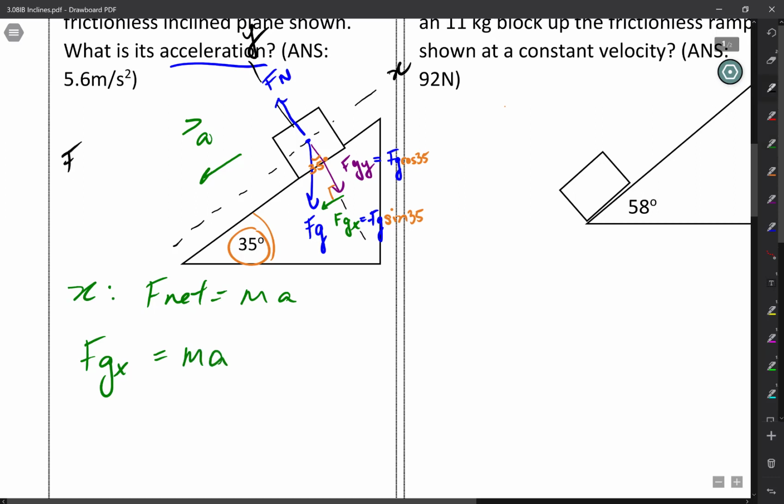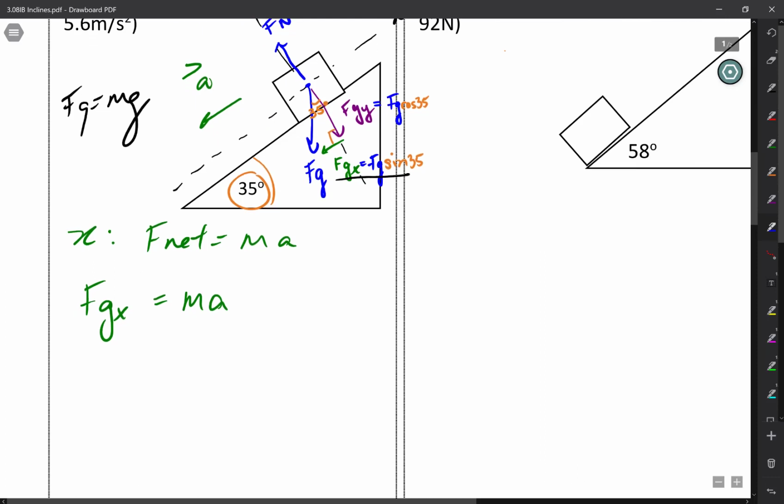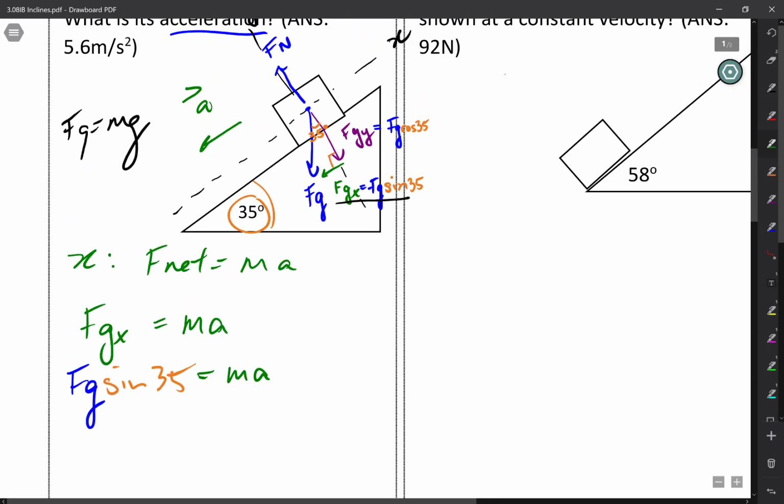We also know that Fg is equal to mg. So therefore, what we're going to do is, first of all, we know that FGX is equal to Fg sine 35. So let's substitute that in here right now. This is Fg sine of 35 equals the mass times acceleration.